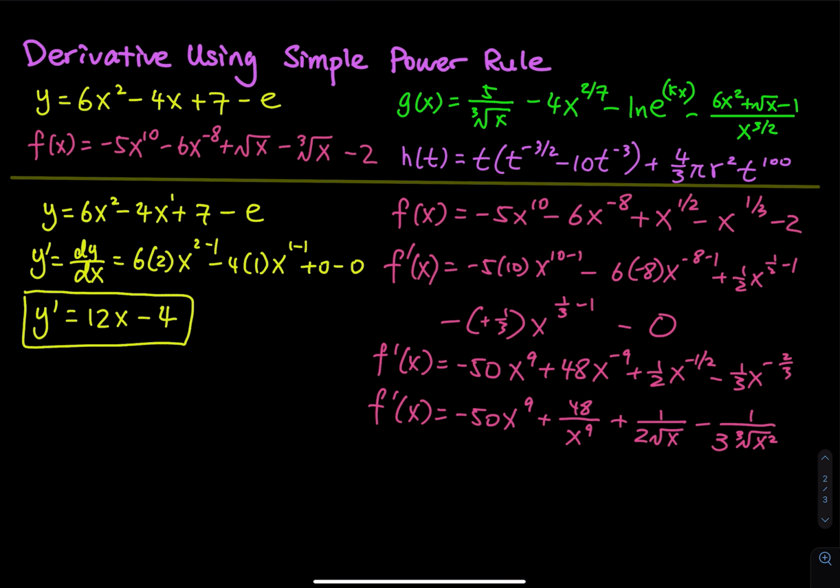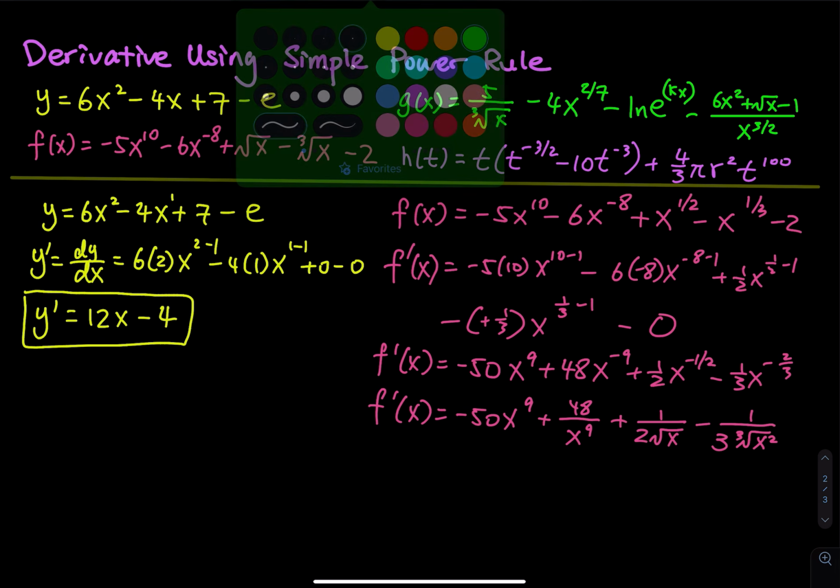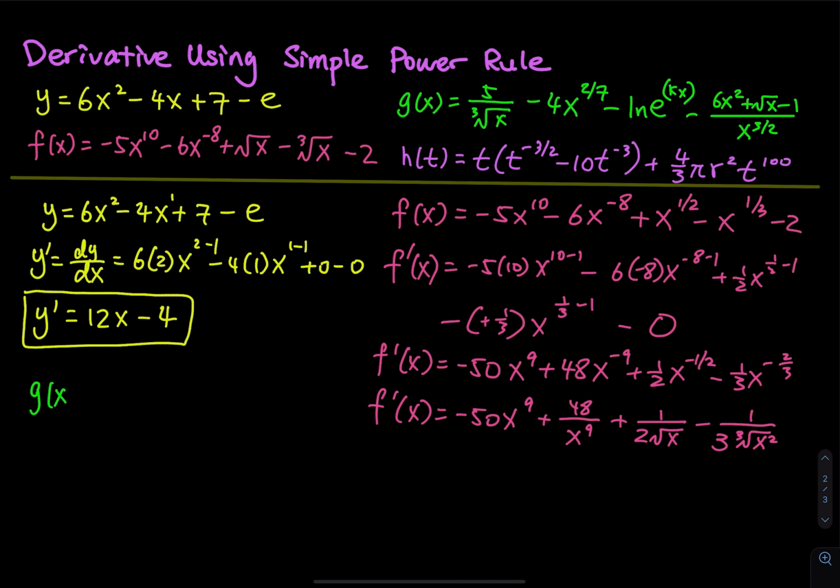Okay, and then the next problem, we have the problem in green. So we have g of x equals, let's move this up. We have g of x equals 5x to the negative 1/3, and then minus 4x to the 2/7, and then minus the ln of e raised to kx, right?